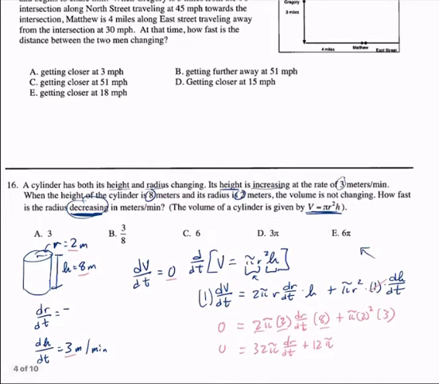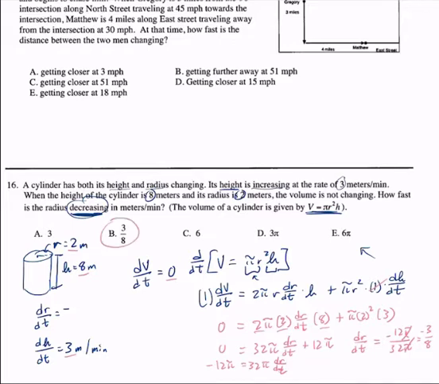Solving for dr/dt, let's move the 12 pi over, so we have negative 12 pi equals 32 pi dr/dt. So dr/dt equals negative 12 pi over 32 pi. The pi's cancel out, and now we have 12 over 32, which simplifies. We can divide the top by 4 and the bottom by 4, so we get negative 3 over 8.